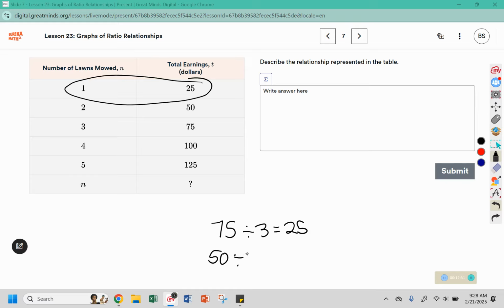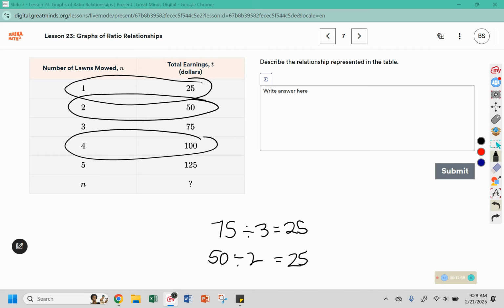We could also check 50 divided by 2 is 25. 100 divided by 4 is 25. So the value of the ratio in this table is $25 per lawn mowed.